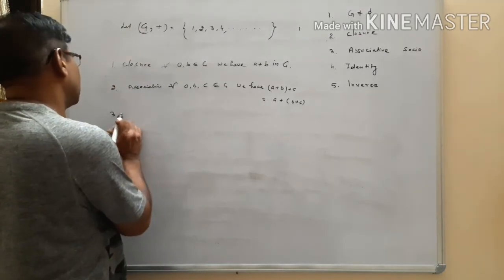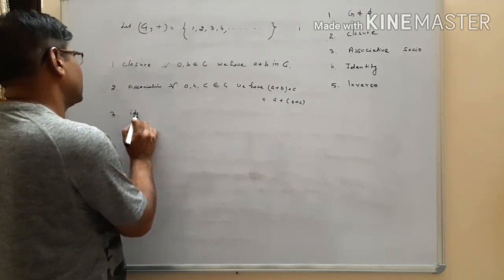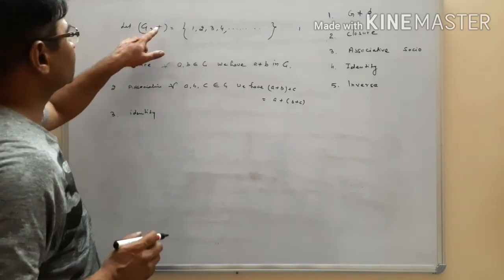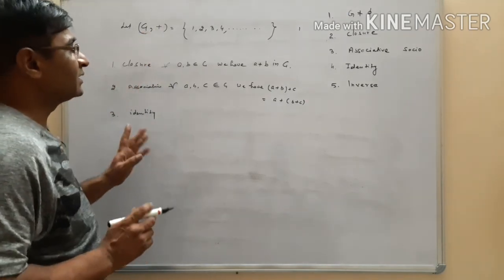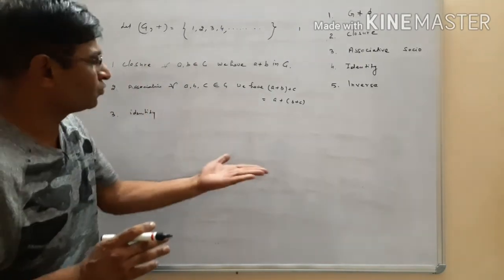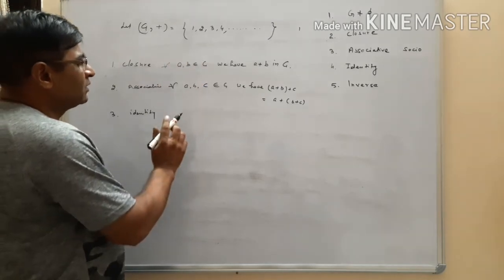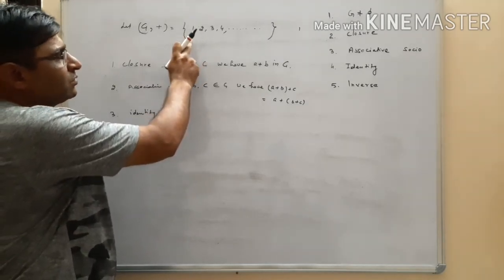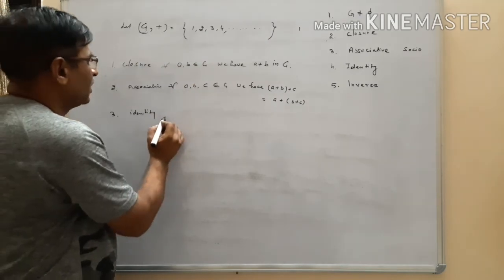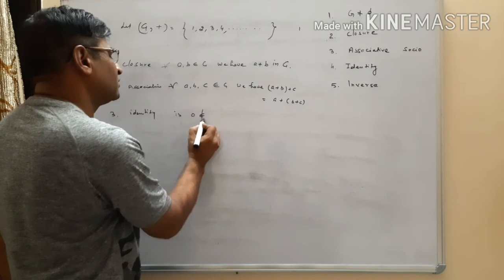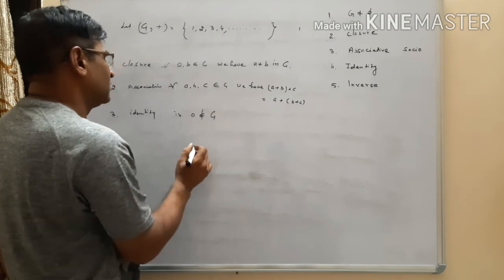Now the third property, identity. In case our operation is addition, what is the identity? Identity is 0. That means what we add to 2 to get 2, we add 0, then we get 2. So the identity is 0, and it does not belong to G.